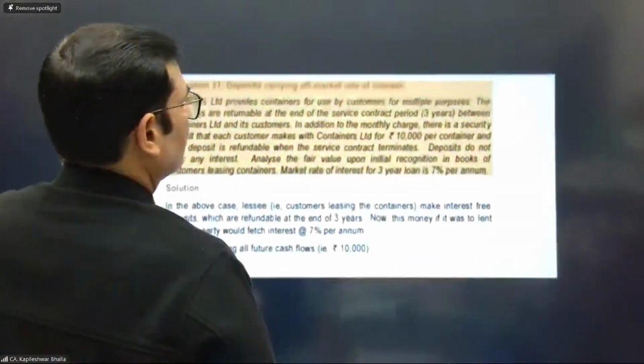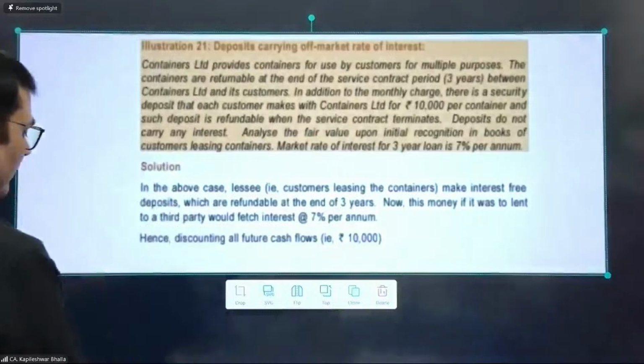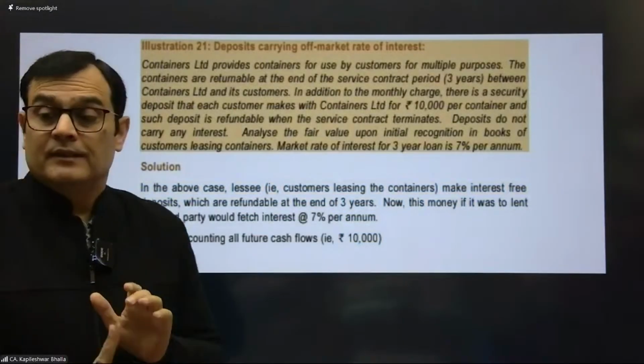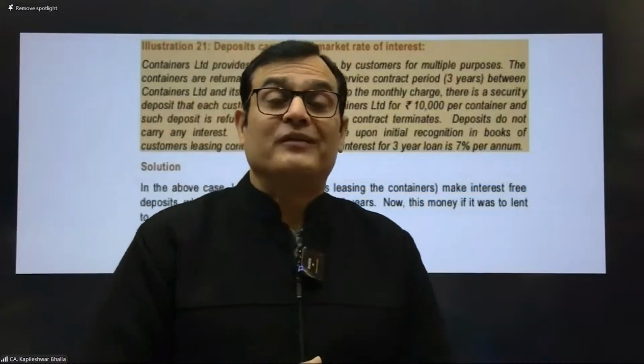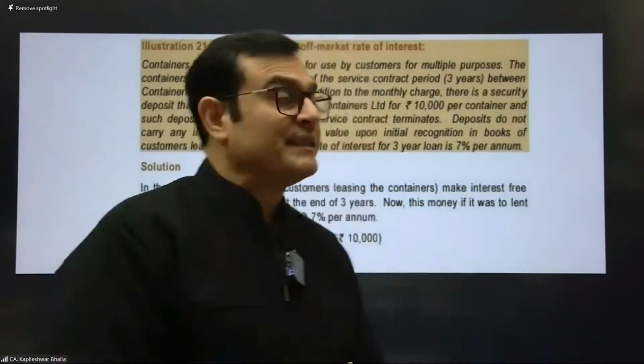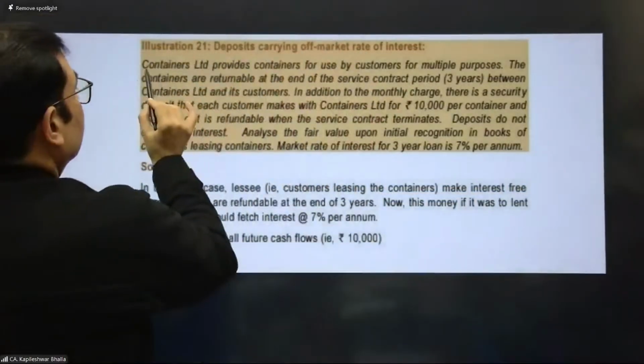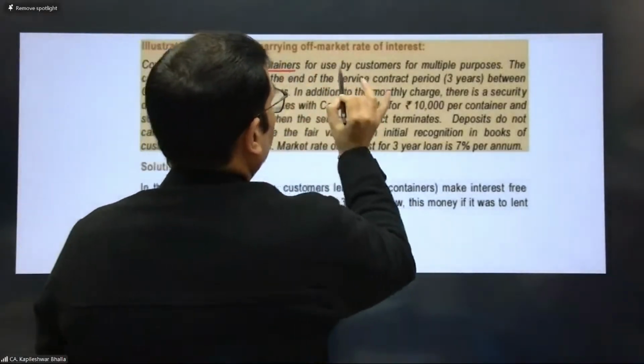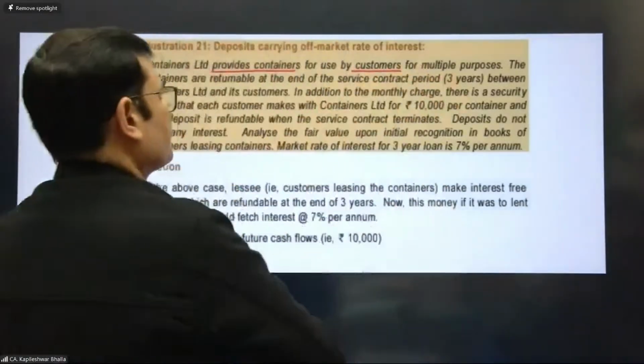Let's have a look at the illustration number 21 in the study material. This is unit number 2. We're looking at the illustration number 21. I'm just going to read the question just to have a feel of the three-step model before we document that. It says container provides containers for use by customers for multiple purposes.